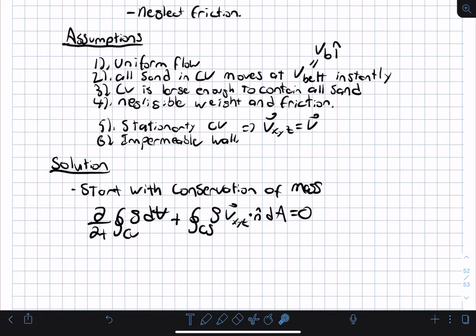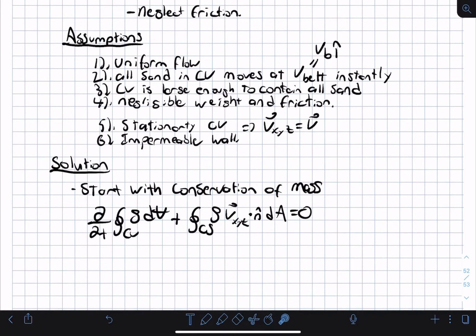Okay, so this problem is unsteady, so we cannot cross out this term here. We can simplify the relative velocity, because Vxyz equals the fluid velocity minus the control surface velocity, which is equal to 0, and so this equals just the fluid velocity.